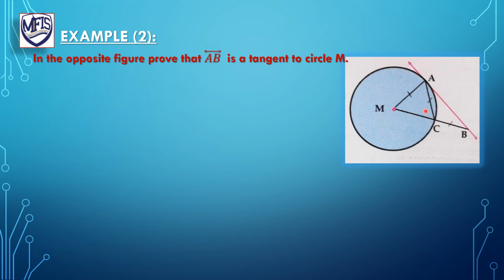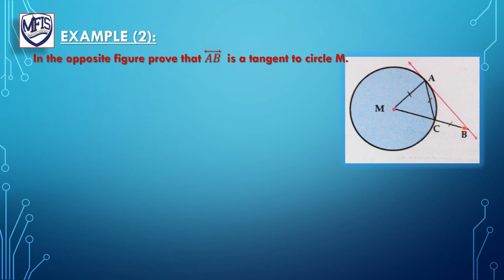So this angle ACM equals the sum of the two non-adjacent interior angles, the sum of angle A and angle B. But angle A and angle B are equal in measure. Why? Because CB equals AC.